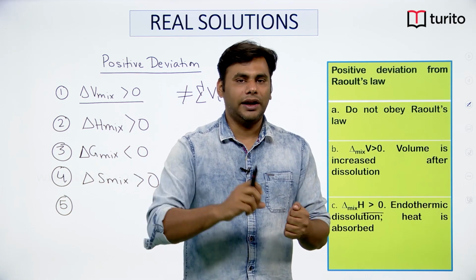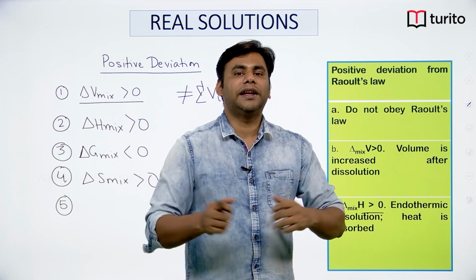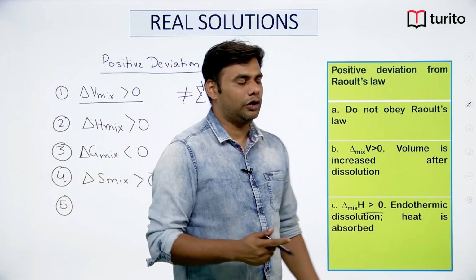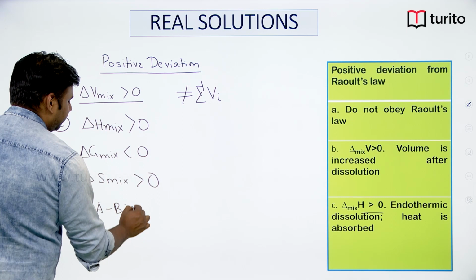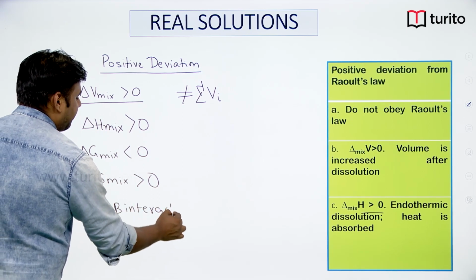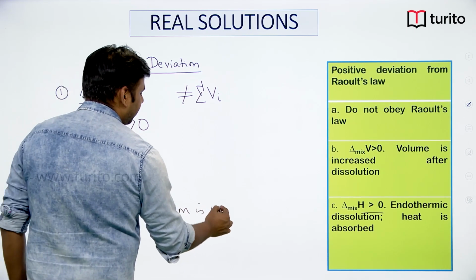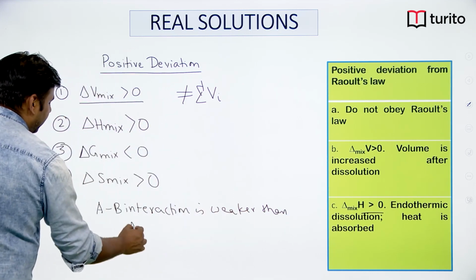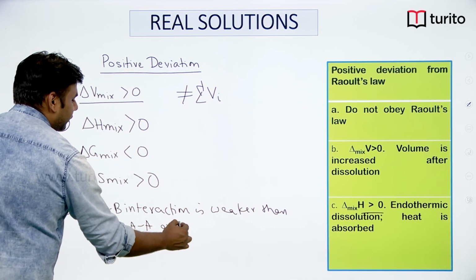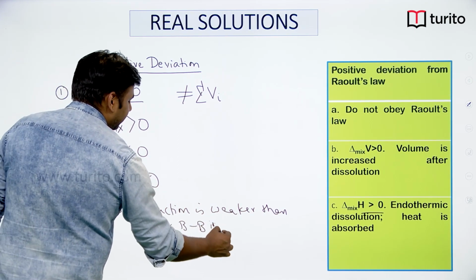What B is doing to A or what A is doing to B is breaking its interaction with the similar molecule. So we'll say that AB interaction is weaker than AA or BB interaction. Okay, hope this is clear to everyone.